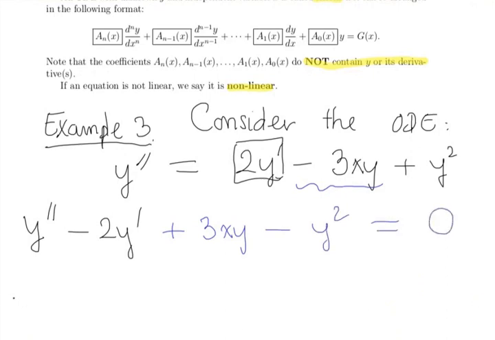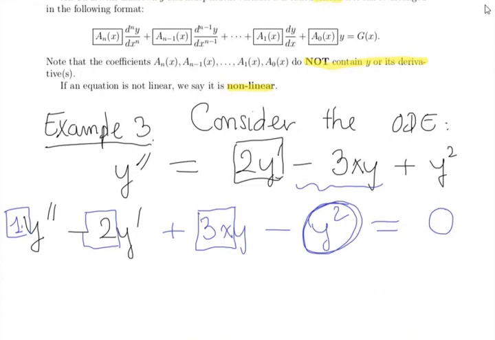Now we see that the coefficient in front of y double prime is 1. The coefficient in front of y prime is minus 2. The coefficient in front of y is 3x. But here we have that y squared.